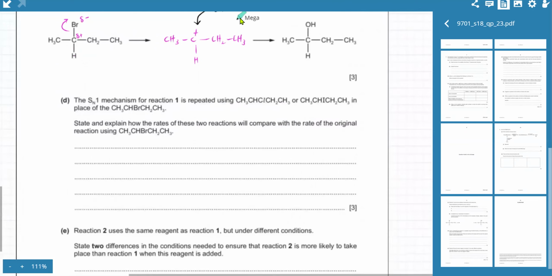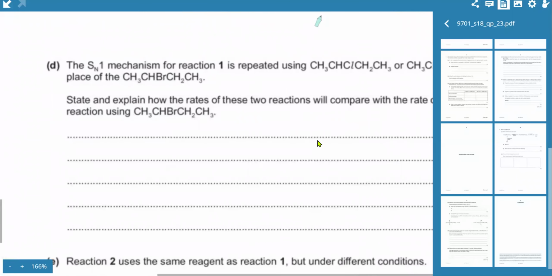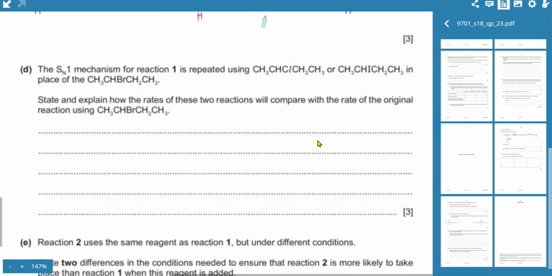And the SN1 mechanism for reaction 1 is repeated using this or this in place of this. State and explain how the rates of these two reactions will compare with the rate of the original reaction. Now, the rate of the reaction for halogenoalkanes depended on the strength of the bond. For example, C-F had very slow reactions because it's a strong bond.